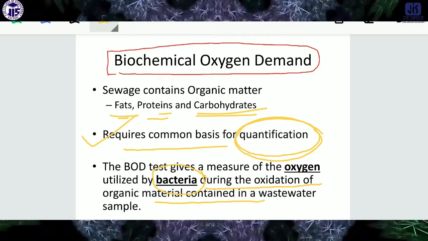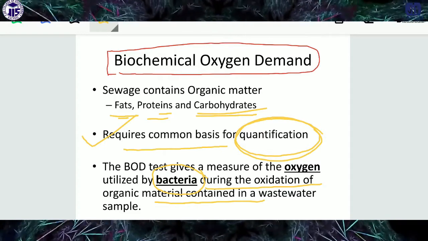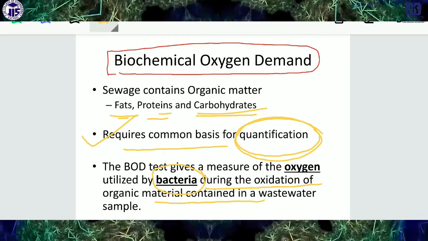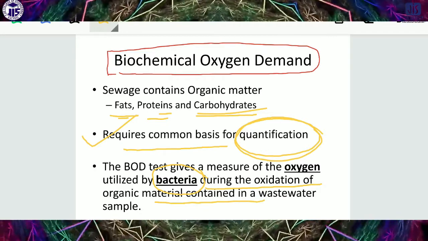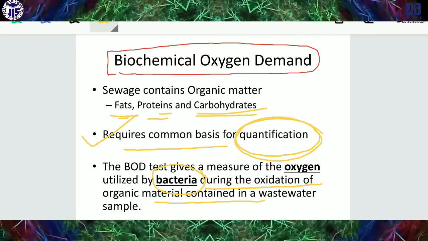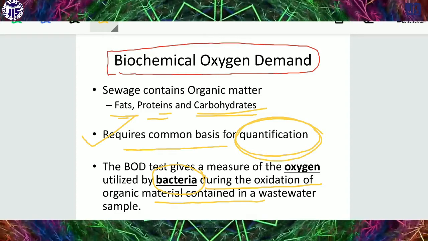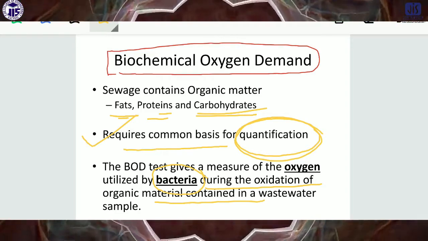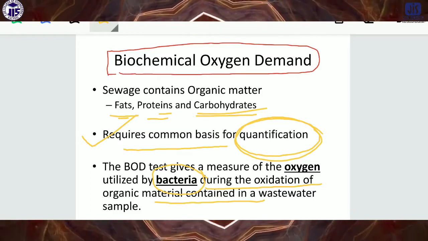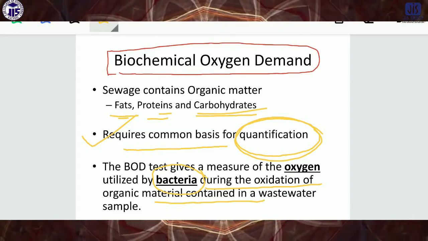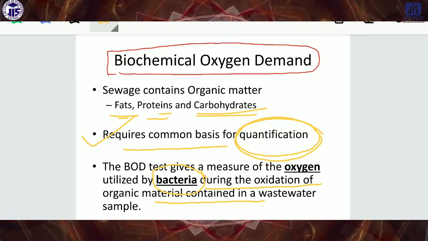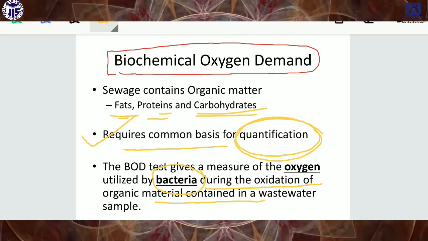First of all, you have to understand properly what BOD actually is. If there are any biodegradable materials present in the wastewater, like fat, protein, carbohydrate, any kind of biological compound, then what happens?